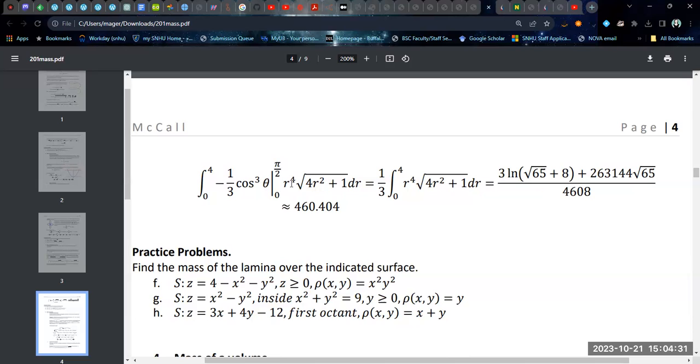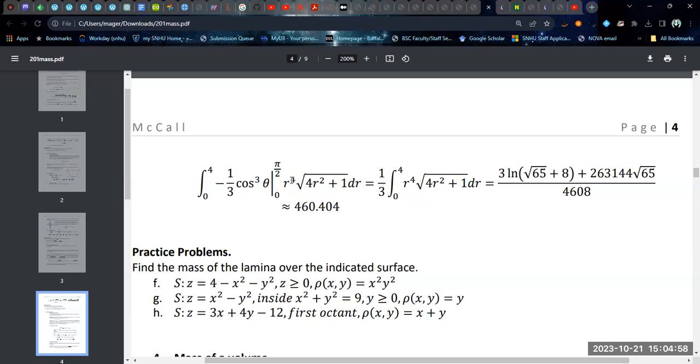Now, integrating this bad boy is going to take quite a bit more work. In order to do it by hand, you would need to do something like trig substitution, and I omitted that step. But if you were having to do it by hand, that's what you would have to do at this point. A substitution is not going to work here.